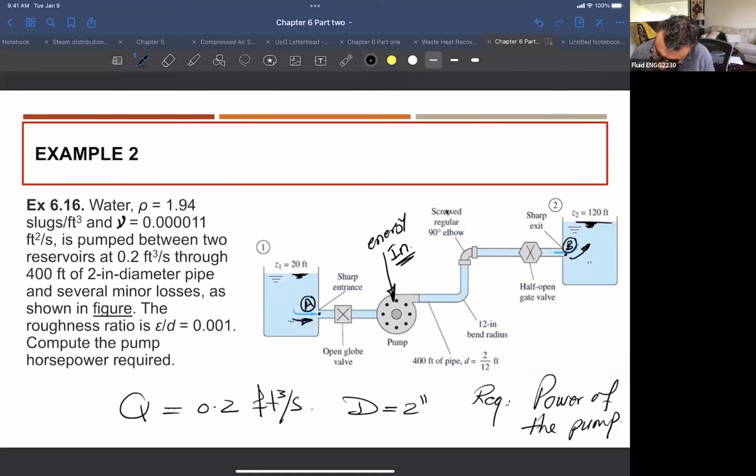input, right? So in addition to this energy, I need to add energy into the system.